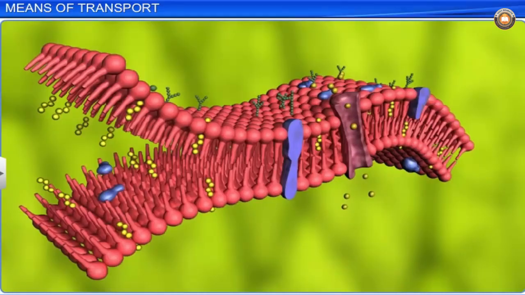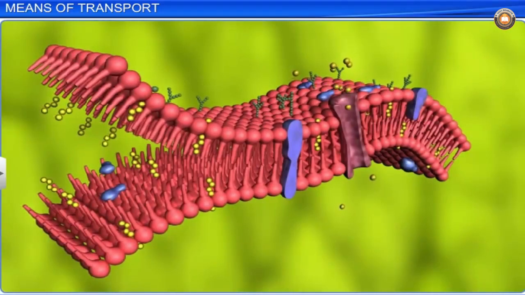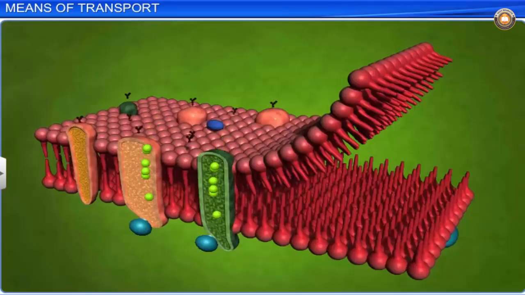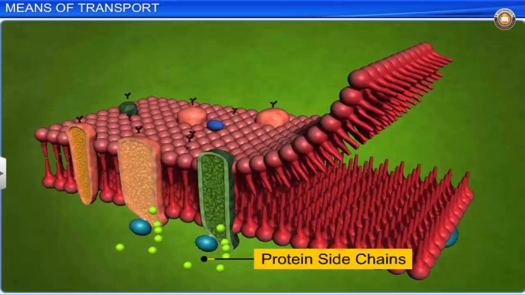The rate of transport in facilitated diffusion is maximum when all transport proteins are used or saturated. Facilitated diffusion has an advantage in that it allows cells to select substances for diffusion. It is, however, sensitive to inhibitor molecules that react with side chains of the transport proteins.